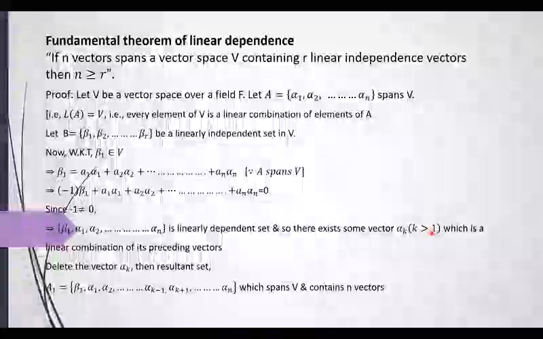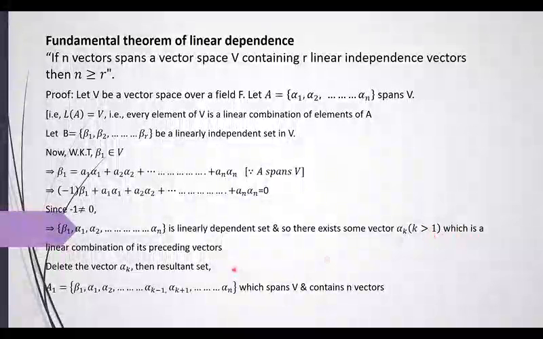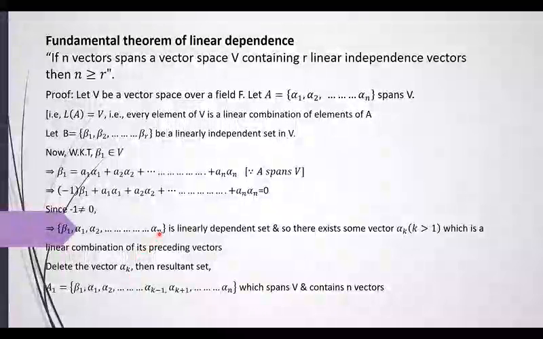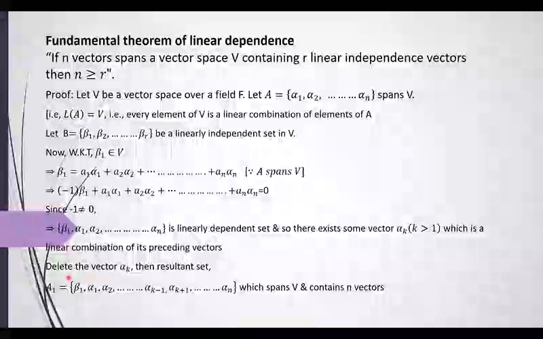So there exists some vector alpha k, other than the first vector, which is a linear combination of its preceding vectors. So delete the vector alpha k, because we are having n vectors that span V. Here beta 1 is included in the set, so we are going to remove some vector which can be expressed as a linear combination of its preceding vectors. So we are taking the vector alpha k.